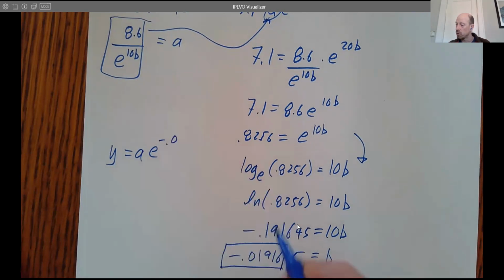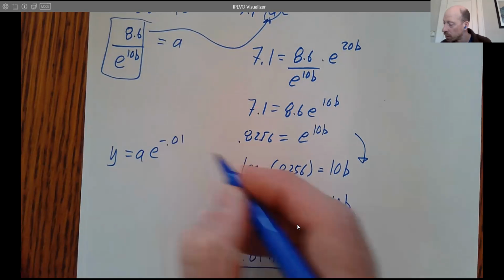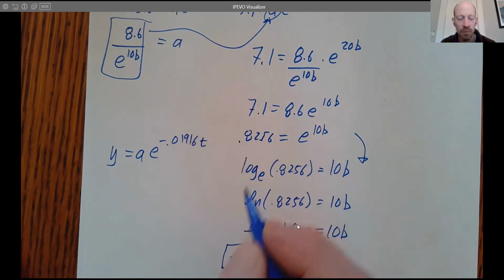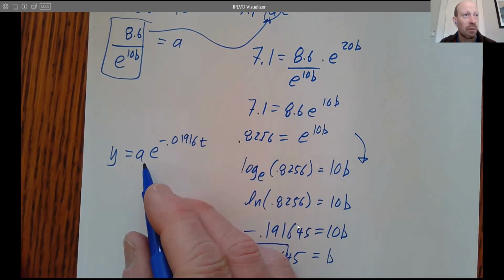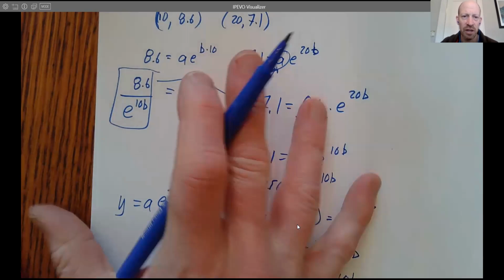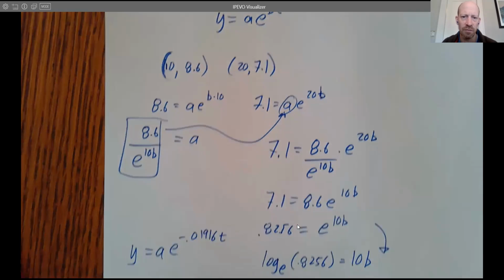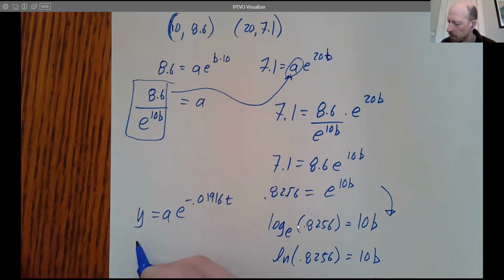Negative 0.01916t. Now I still need to figure out what A is to finish my model, but now I can put in either one of these points to figure out what A is. Let's put in 8.6 here.